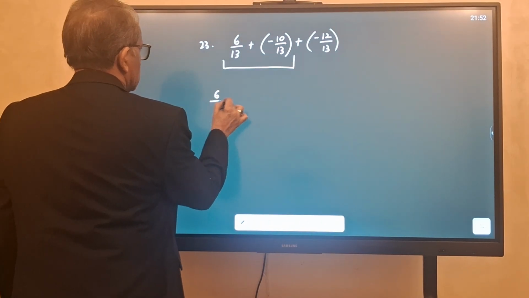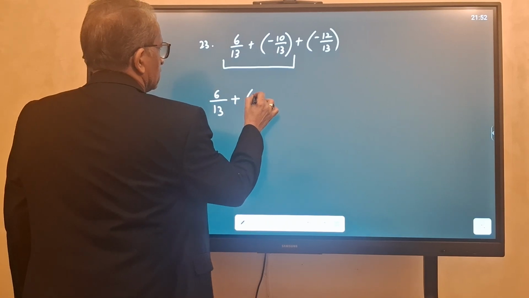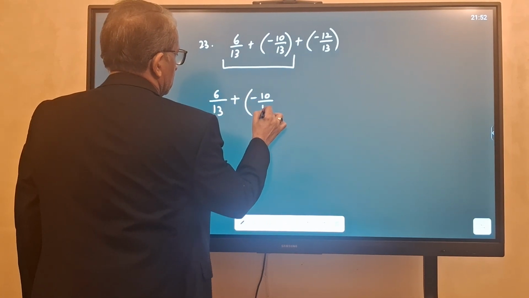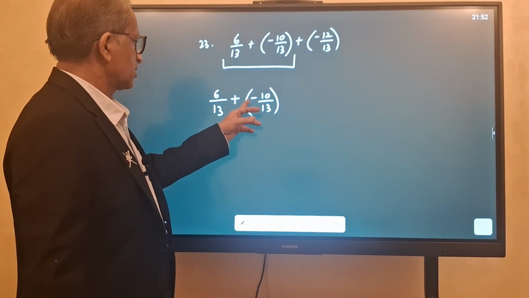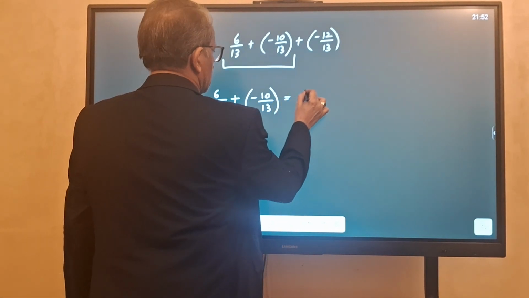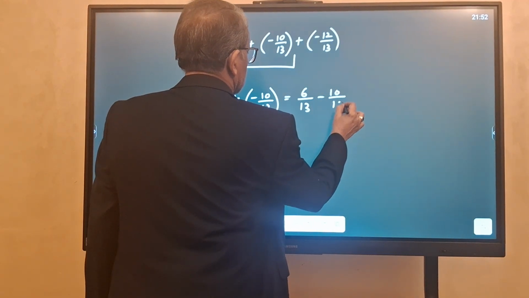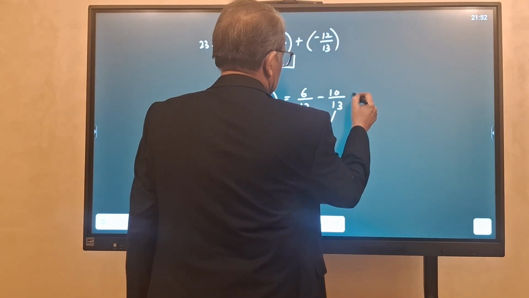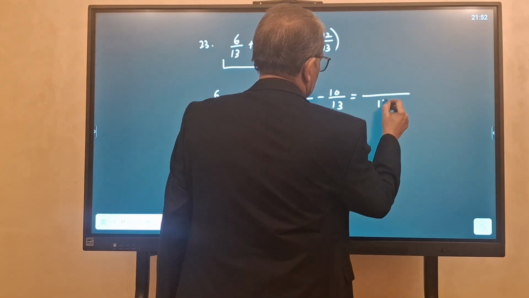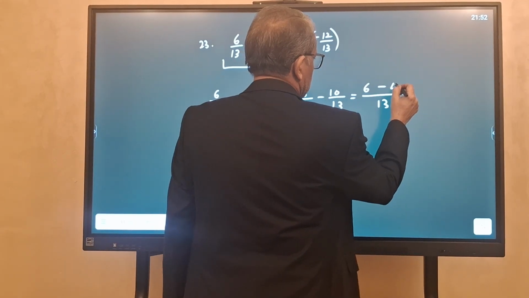So I take the first two numbers, 6 by 13 minus 10 by 13. Open the bracket, plus into minus, it is minus 10 by 13. Then we have the same denominator. Therefore, the answer is over 13, first 6, and then 10.